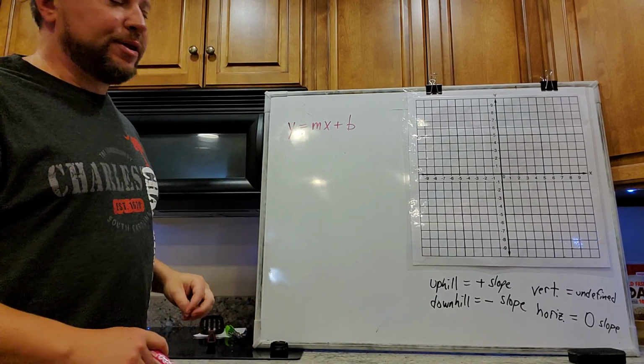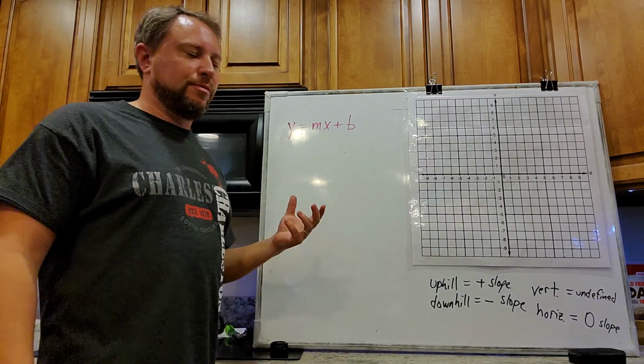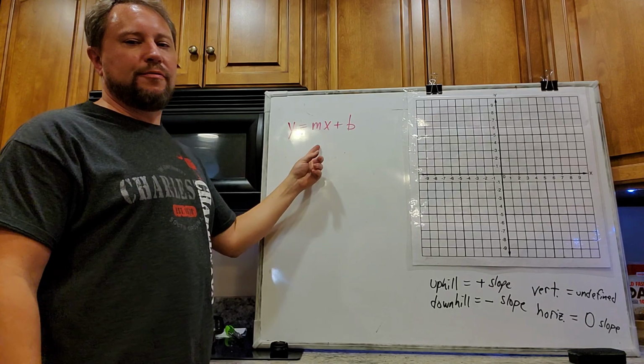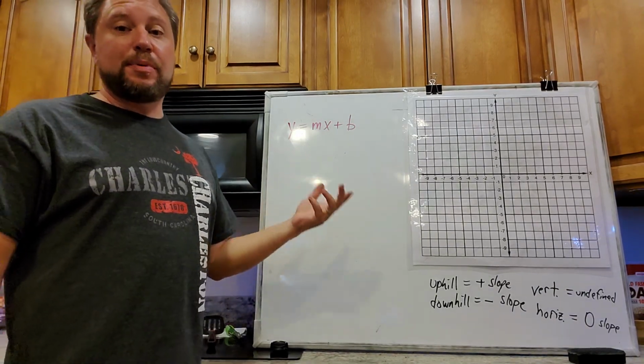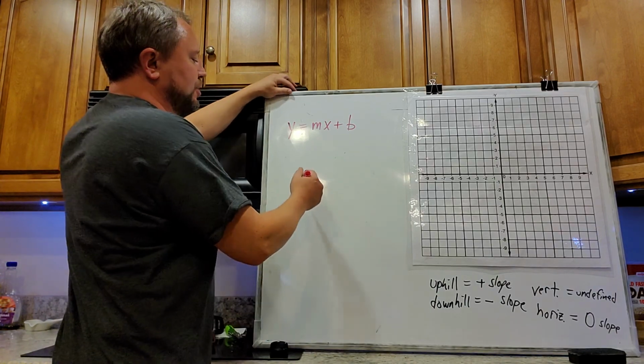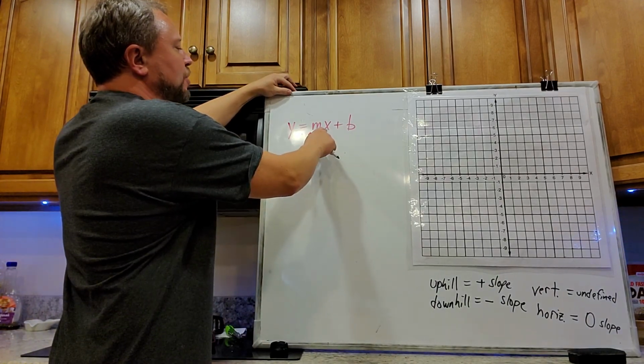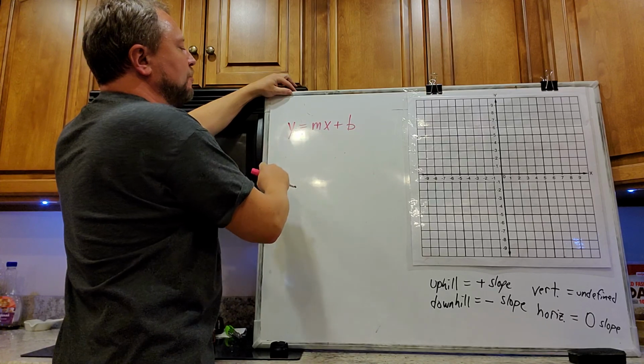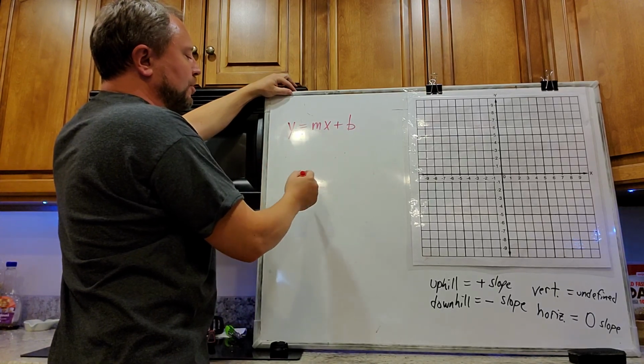Alright, now one of the things that I forgot to mention when we were covering slope-intercept form is some special case scenarios. Every now and then you'll see equations that rather than having both the x and the y in them, sometimes they just have one or the other.